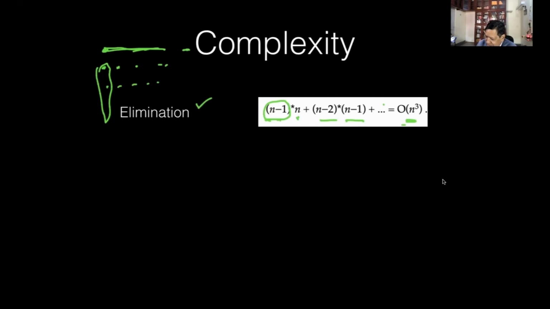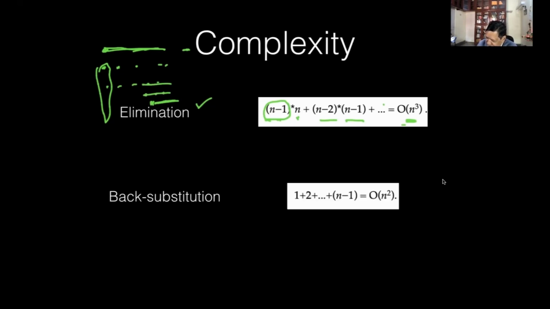What about back substitution? The last row had only one operation. The second last row had two operations. The third last row, three operations. 1, 2, 3, like that, up to n minus 1. So this sum is order n squared. Together n cubed plus n squared, order n cubed.